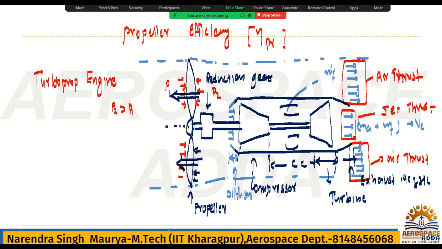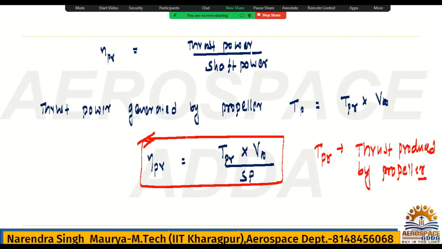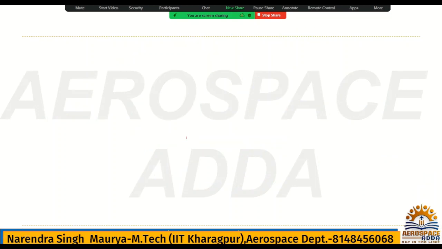There is propeller theory, and in that the formula is available, one derivation of how to get thrust from the propeller. But in examination they will not ask propeller theory; they will give the value of thrust power. Nothing to worry, we'll solve problems, you may get an idea. So overall efficiency you have written.